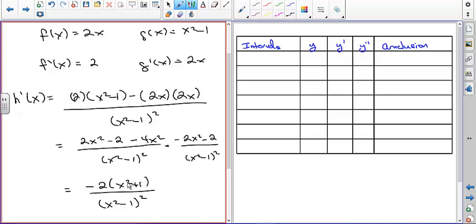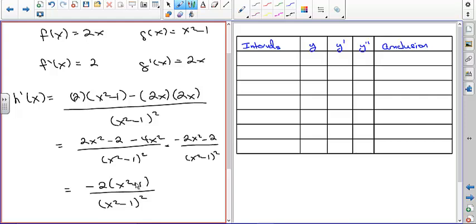So let's think about what values of x make the numerator go to 0? Well, almost, square root of -1. So there are no values, because you've got x squared plus something.